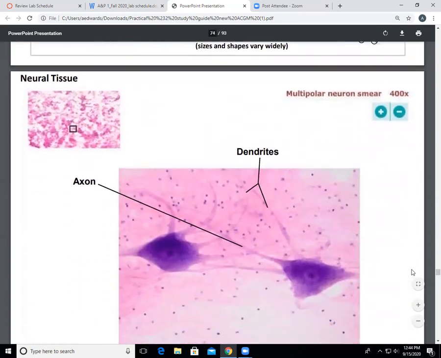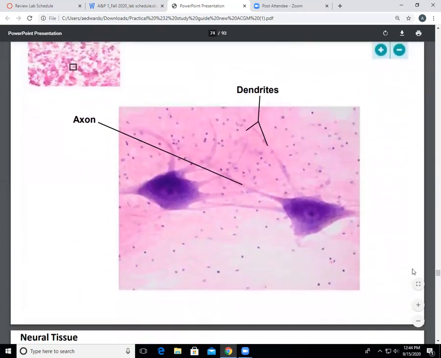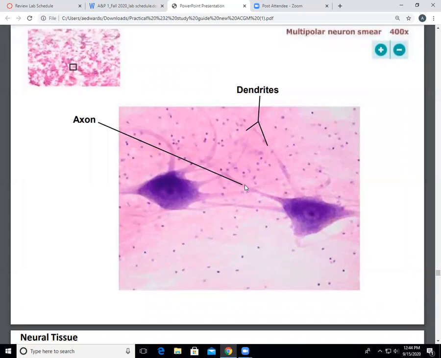Okay. Some more views of neurons. All right, so you have lots of dendrites. It's a little bit larger. This is an axon. So you're most likely going to be asked to tell the difference between an axon and a dendrite on a model, not on a slide.